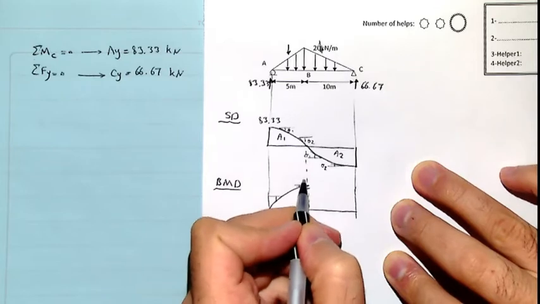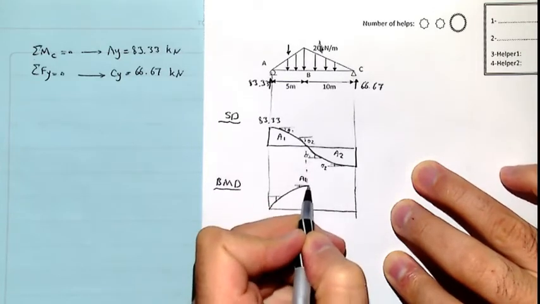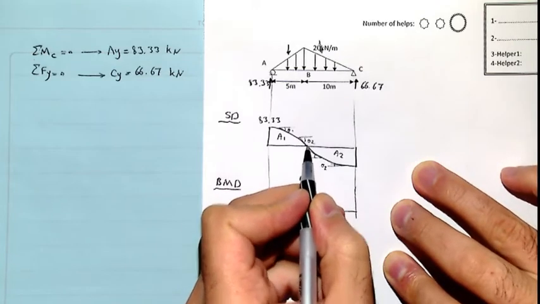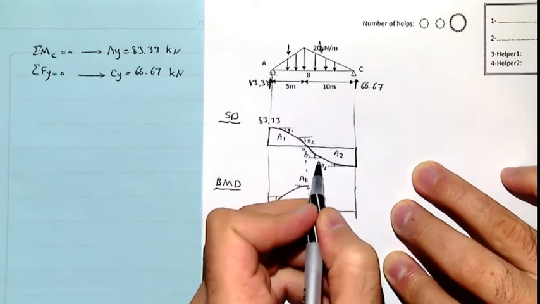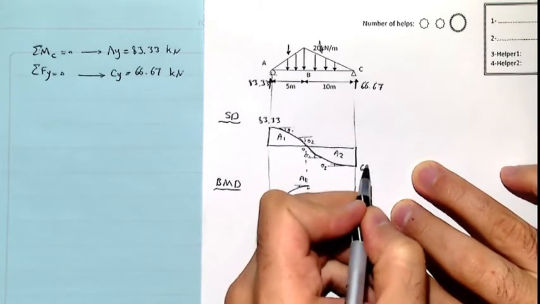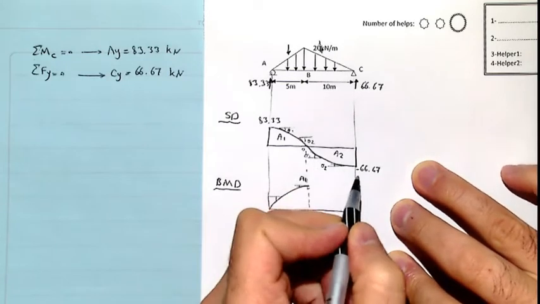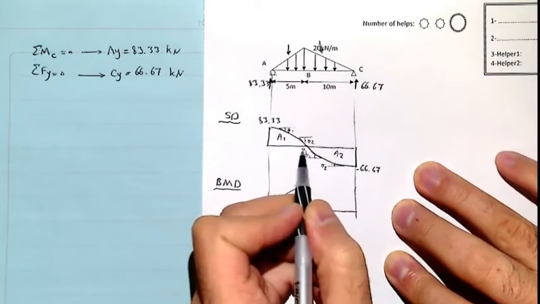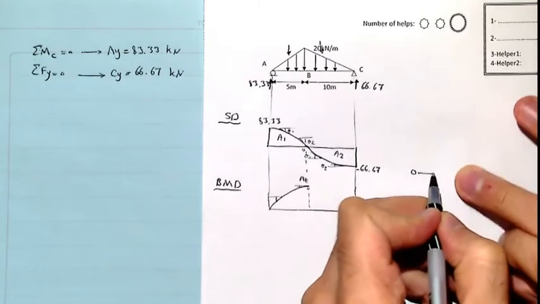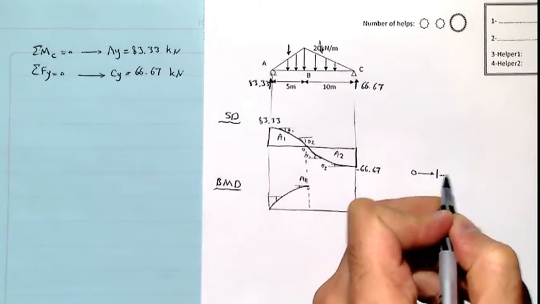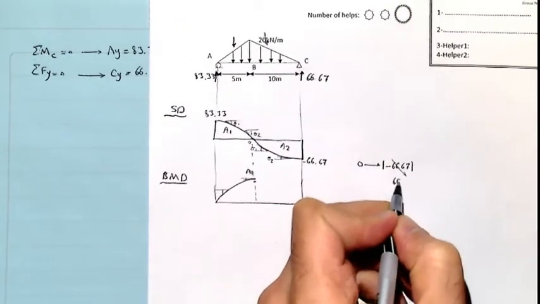A1 at this point is the maximum, and then we're going to see that it's changing from 0 to this point, which is here 66.67. When we compare the values, from 0 to the absolute value of minus 66.67, which is positive.